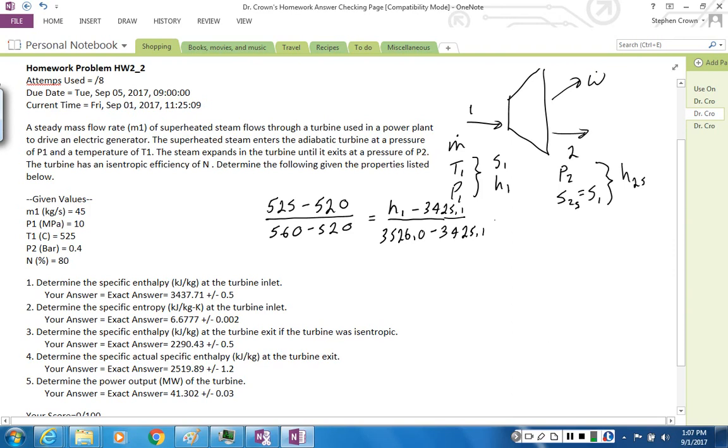And so I have one equation, one unknown, and I'm fairly confident that the answer is the one shown below, 3437.71.